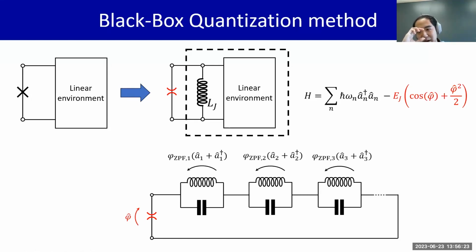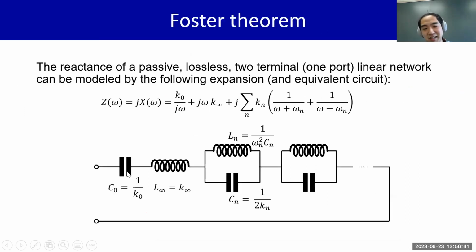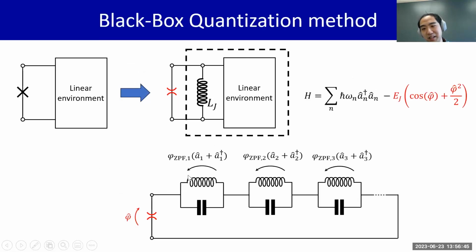So it doesn't have a pole at DC, and since the junction always has parasitic capacitance, we can say at infinity it's a short as well due to the parasitic capacitance. So usually in a lot of cases, these series L and C are negligible in the Foster circuit decomposition. And this is what you will find in most of the references.